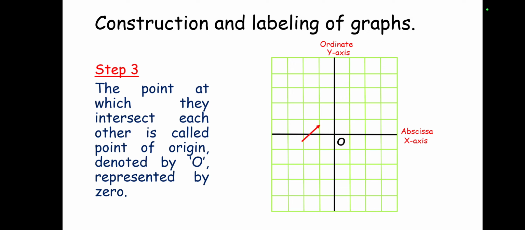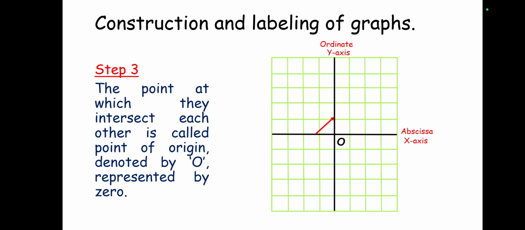First is the x-axis, which is also known as abscissa. Second is the ordinate, which is also known as y-axis. And the third is the point of origin, where both lines intersect, denoted by O, represented by 0.